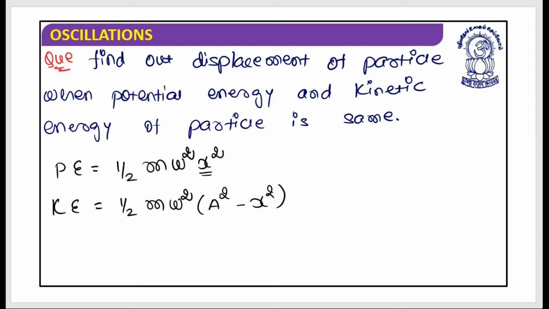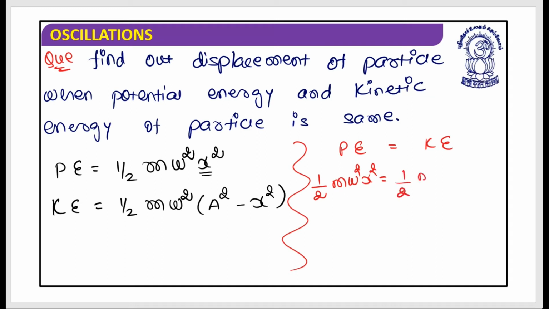According to the data, this potential energy and kinetic energy should be equal. So potential energy is equal to kinetic energy, and this would be half m omega square x square equals half m omega square into bracket a square minus x square.